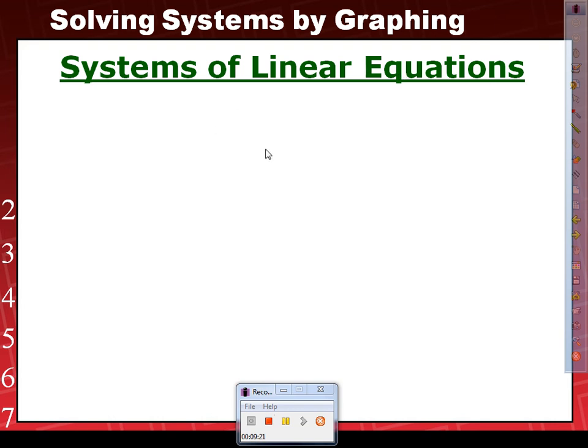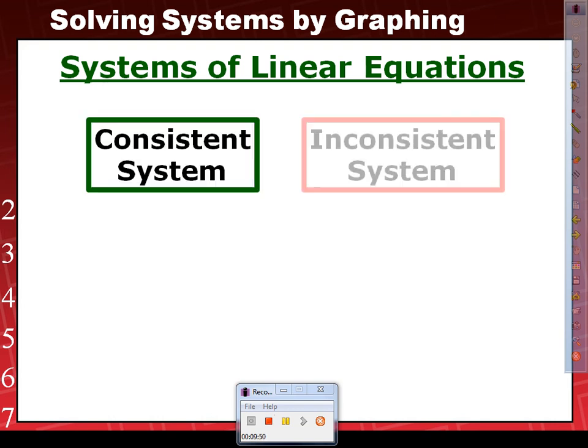Looking at systems of linear equations, if the system has solutions, it's called a consistent system. However, if the system does not have a solution, tell your neighbor the name of that, please. Non-consistent. That is correct. Inconsistent system. Once again, consistent system if it has solutions, inconsistent if it doesn't.